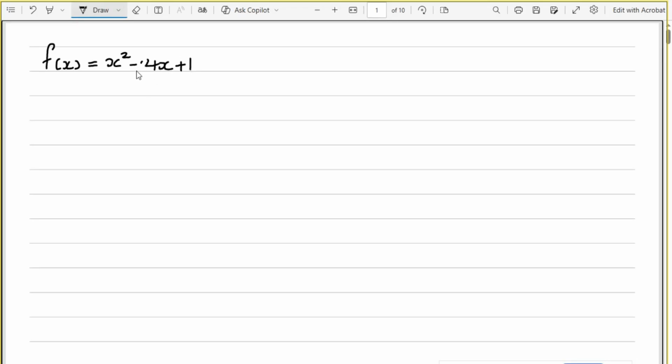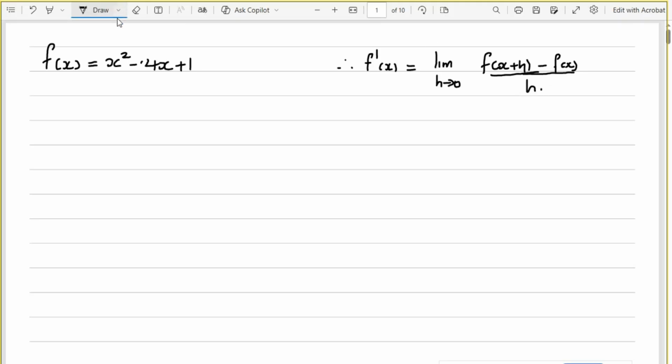So when they say f prime from the first principle, if you still remember the first principle, it goes like f'(x) is equal to the limit as h approaches 0 of f(x plus h) minus f(x). Then we're going to take everything there and divide everything by h.